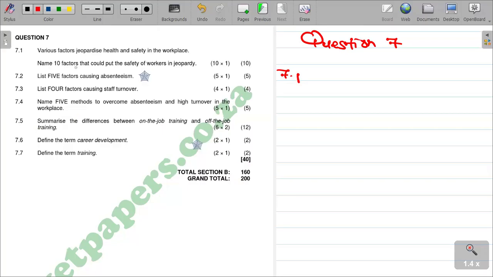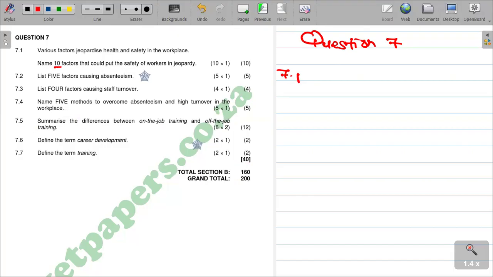Name 10 factors that could put the safety of workers in jeopardy. So we're going to list 10 factors that might risk the health of workers within an organization.